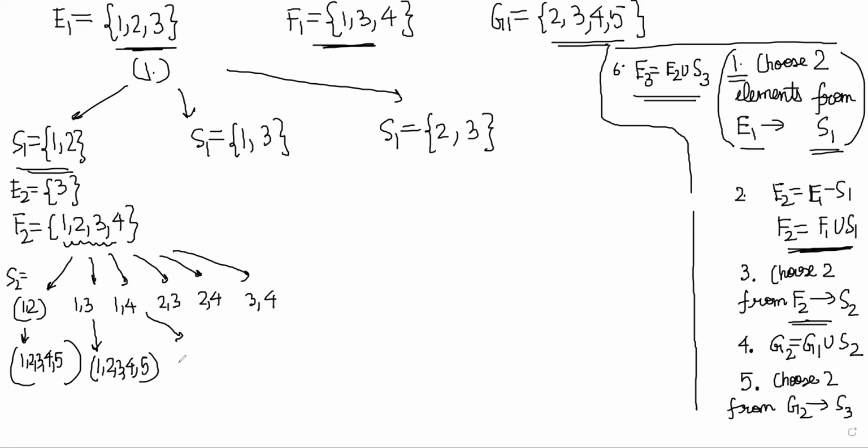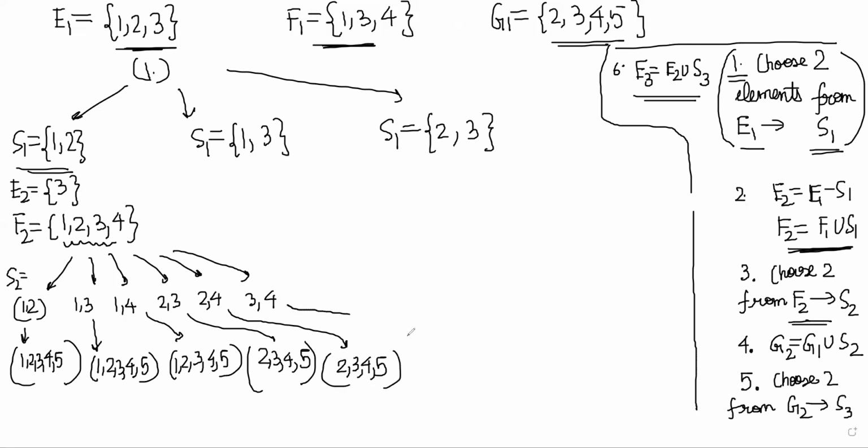And here we have 1, 4 with this. So again 1, 2, 3, 4, 5. And when you do 2, 3, you get just 2, 3, 4, 5. And 2, 4 gives 2, 3, 4, 5 again. And 3, 4, that case you will get 2, 3, 4, 5 again, right? This is my set G2, correct?